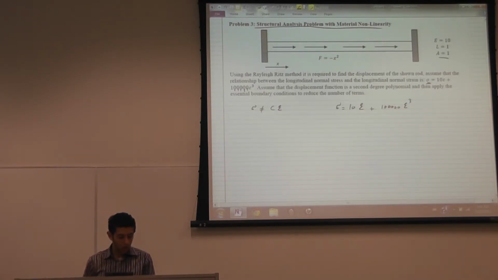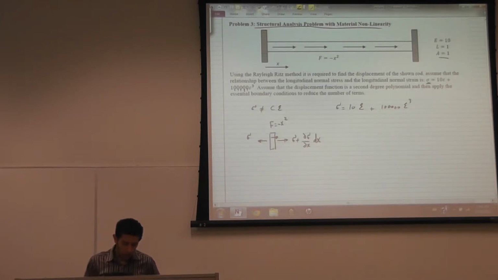So let's first look at how to obtain the exact solution. We have sigma, and this is sigma plus partial sigma by partial x dx, and this is the distributed force, negative x squared.